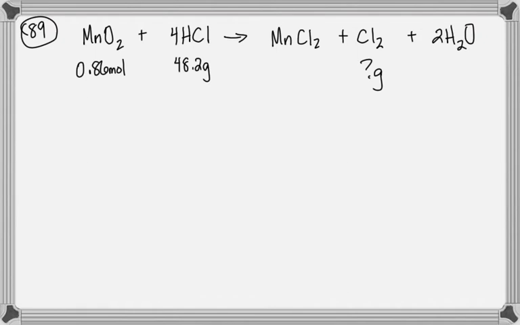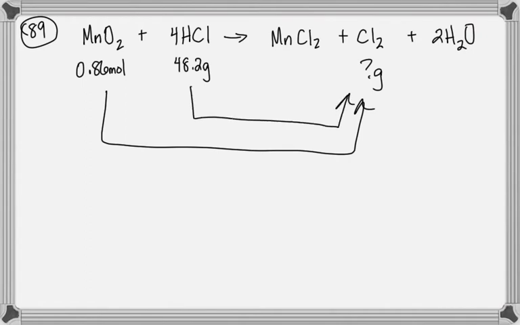Okay, so what I could do is I could take the moles of the MnO2 and calculate how many grams of chlorine that would make. I could also take the grams of HCl and calculate how many grams of chlorine that would make. So essentially what I'm trying to remind y'all of is that grams of A to moles of A to moles of B to grams of B. Do you remember that flow chart from a couple of months ago?